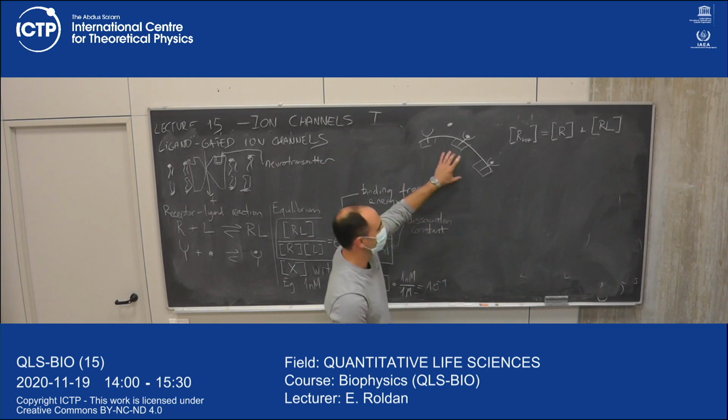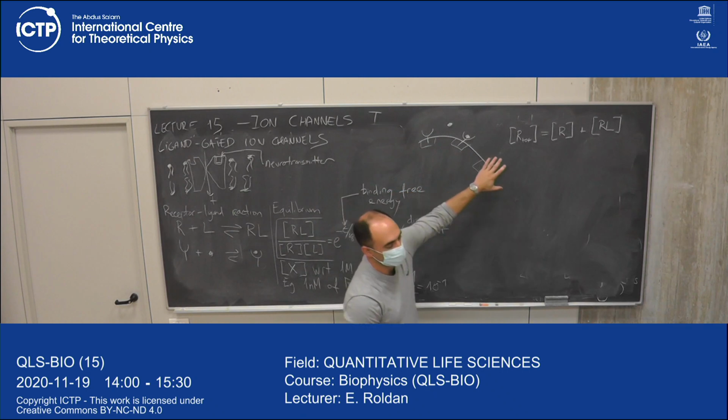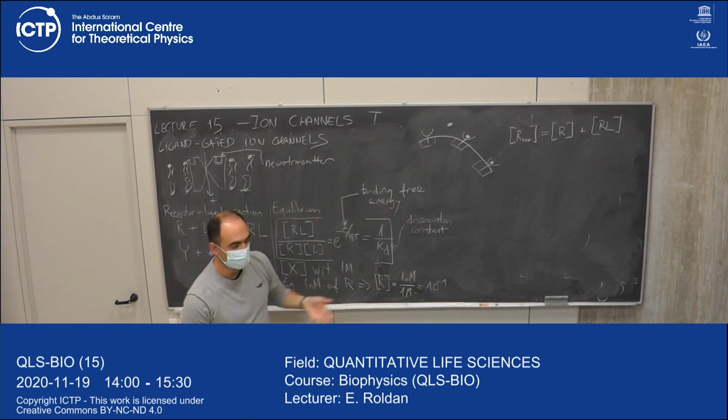For example, here there are 2 occupied and 1 free. But this is an equation in concentration. So you have the cell, the total amount of receptors, some of them are occupied, some of them are free.